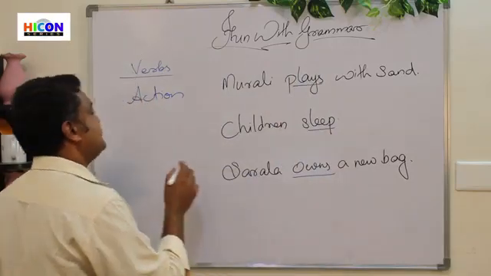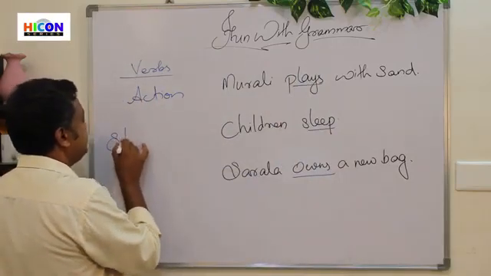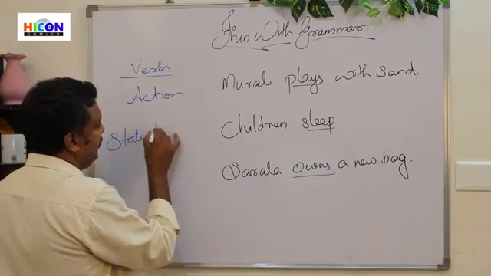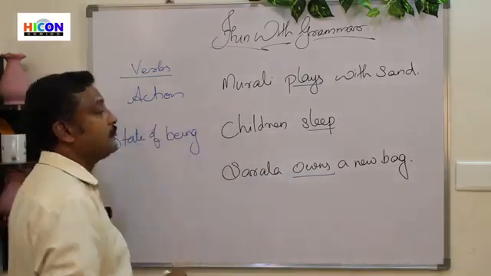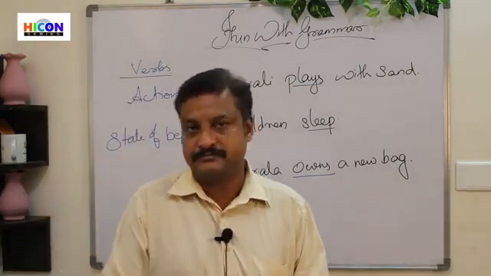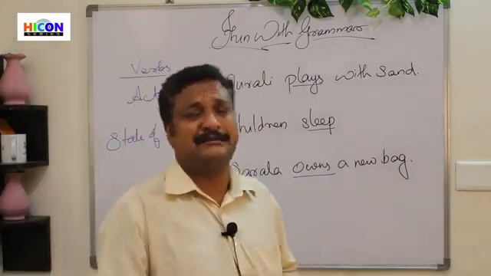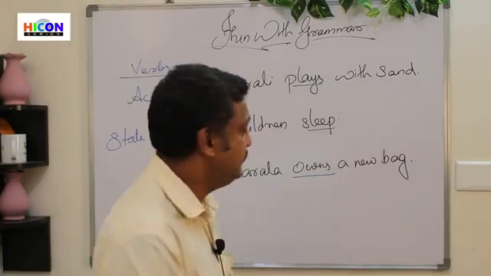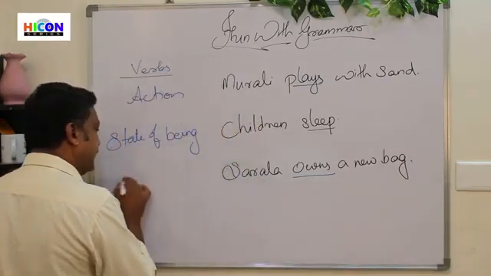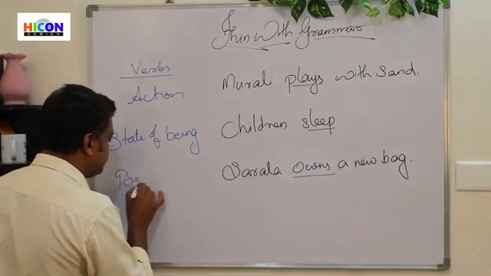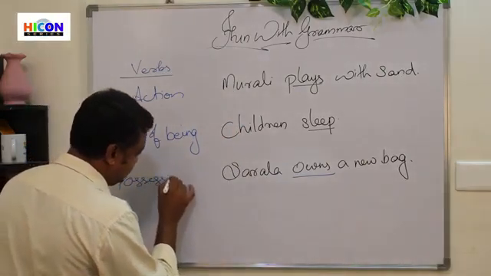The second sentence, the children sleep, it's a state of being. Sleeping is not an action. We are not acting as sleeping. Right? Now, he owns a new bag. Here, it shows possession.